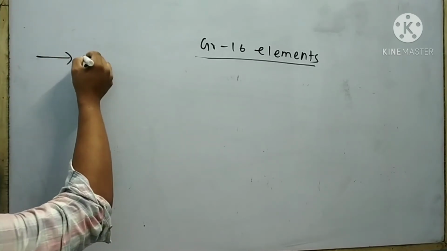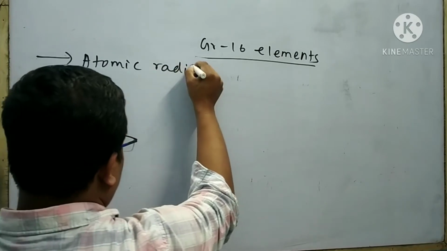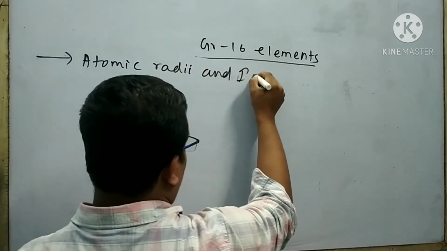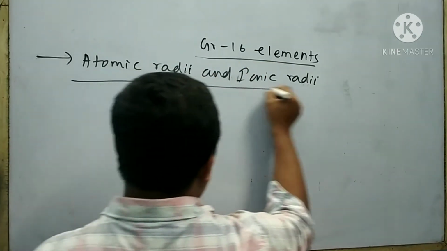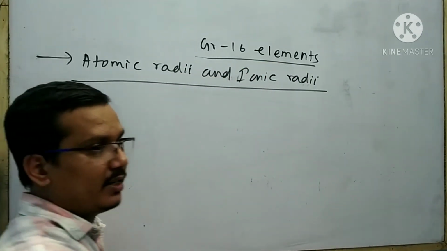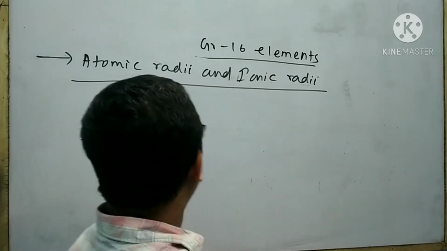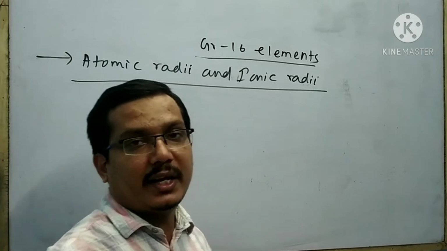Next physical properties: atomic radius and ionic radius. The atomic radius and ionic radius of group 16 elements are smaller than those of group 15 elements.